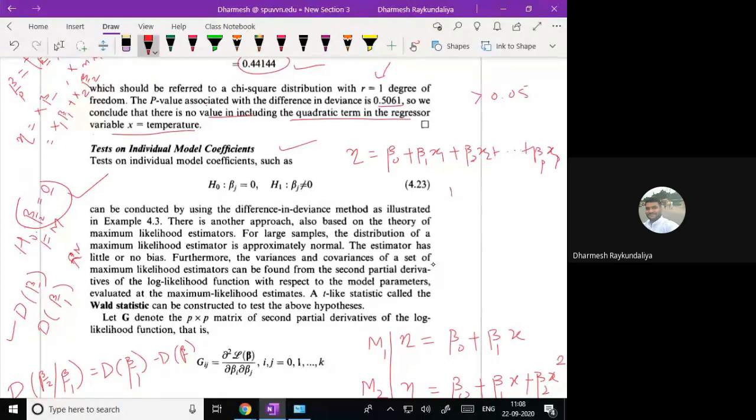And if I wish to see whether beta j, for j equal to 1 to p, is 0 or not, that means, when I say that the jth regression coefficient is 0, it means that the jth variable has no impact on the model development. Okay. So for example, if we are comparing the recovery of patients, one group we have given the placebo and one group we have given active drugs.